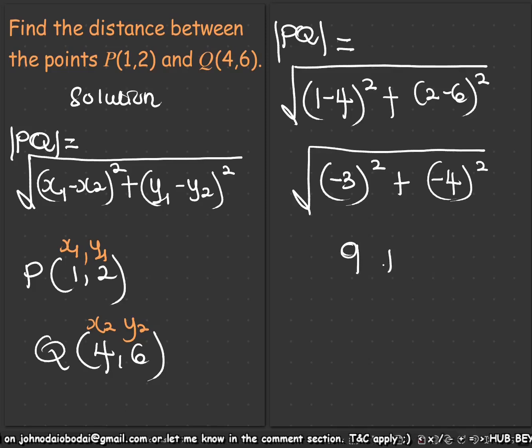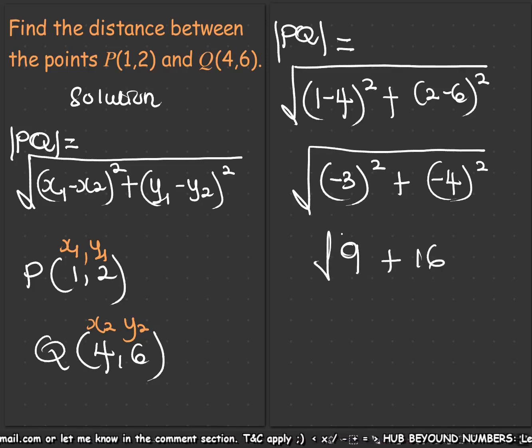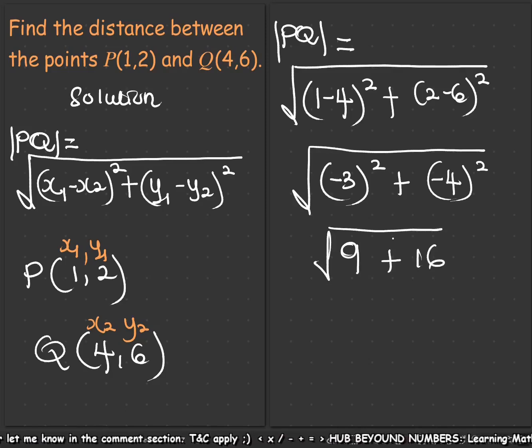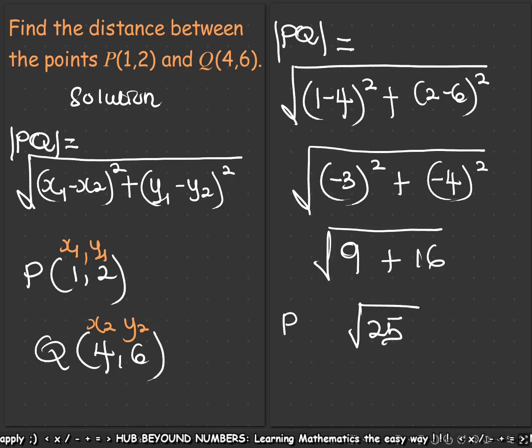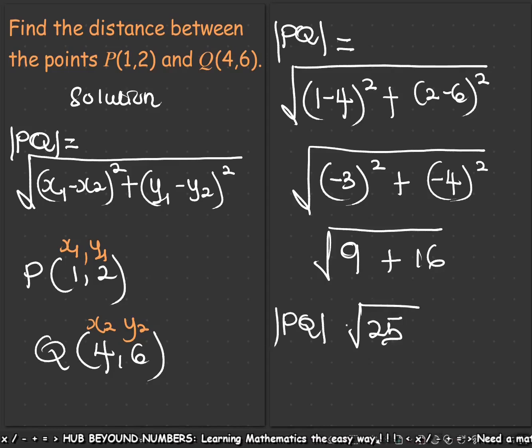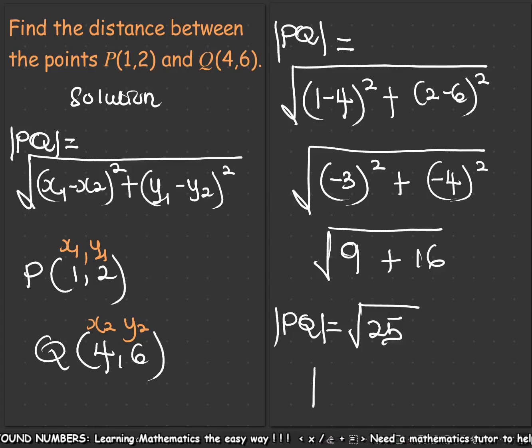So we have 9 plus negative 4 squared giving us 16. Do not forget your square root until you are done evaluating. So 9 plus 16 gives us 25. And we now say the magnitude of PQ is the square root of 25. And the square root of 25 is actually what?